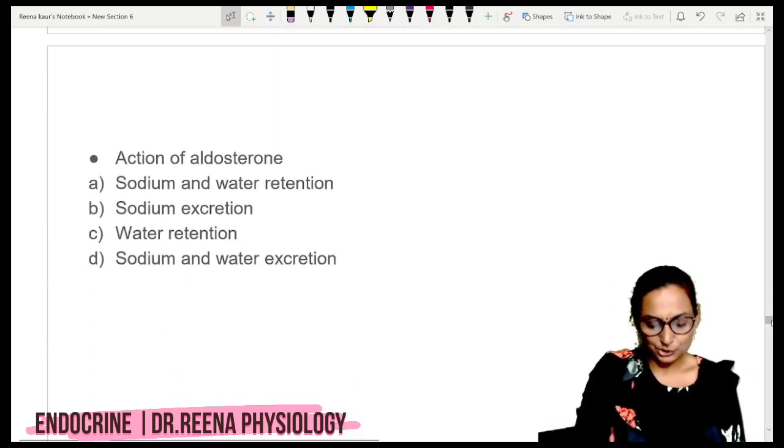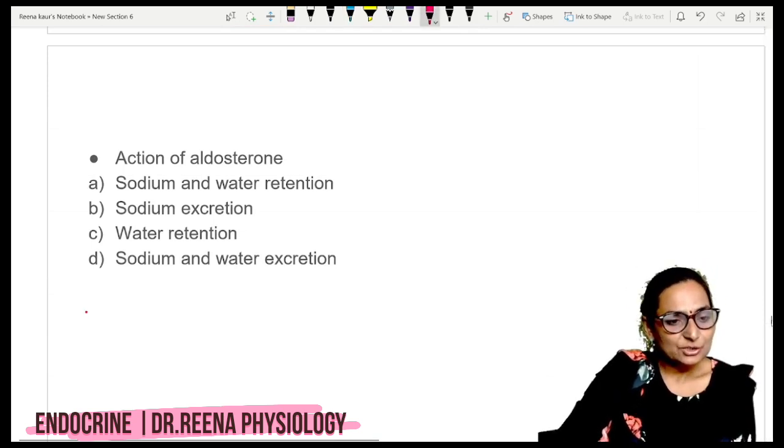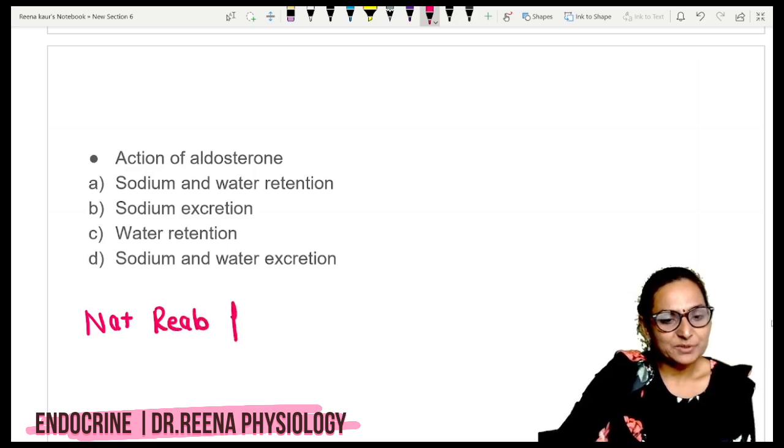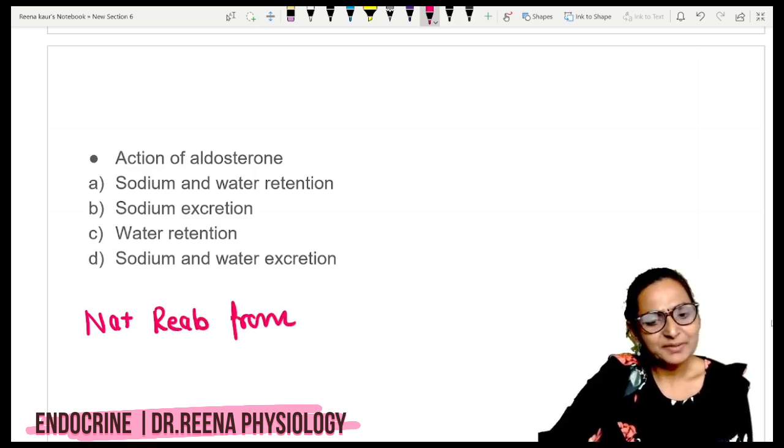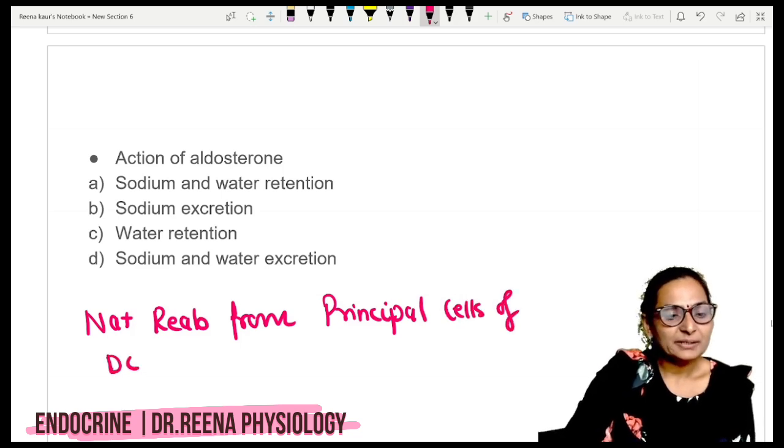action of aldosterone. What is the action of aldosterone? See, aldosterone basically is involved in sodium reabsorption from everywhere where it can be lost. Especially first from the principal cells of the DCT of the kidney.